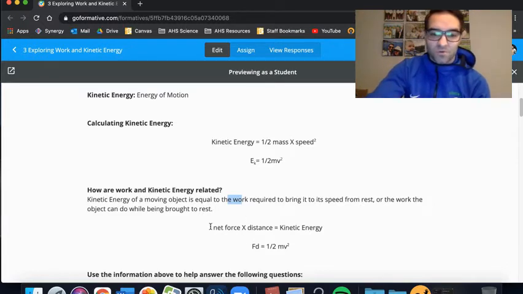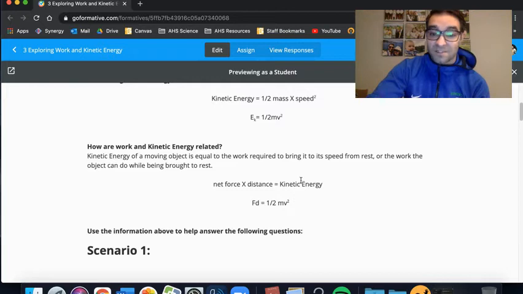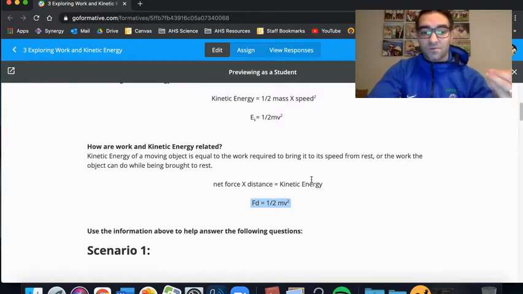And so one way you can write that is the net force times distance, which should look familiar, equals kinetic energy. And then again, another way of writing that is your net force times distance equals half mass times velocity squared. So, in other words, your kinetic energy is equal to your work.